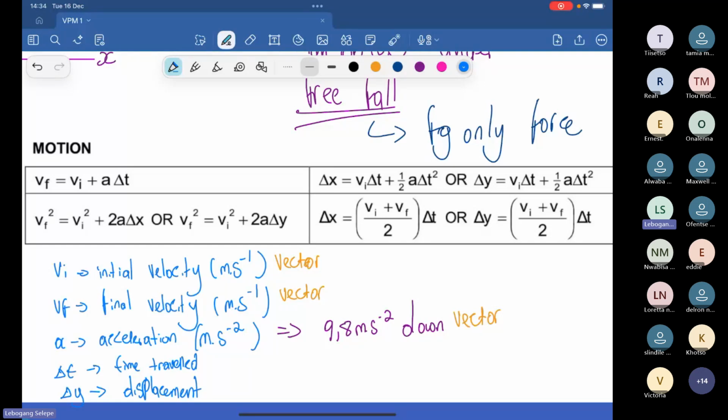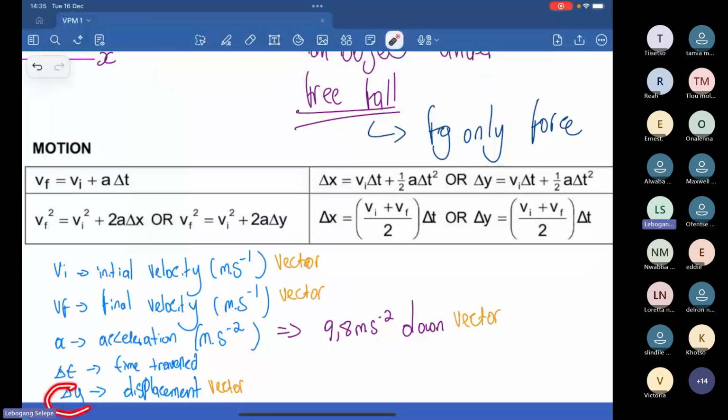So if you think that this is distance, please wipe that thinking, and just know that this is displacement and it's a vector. If it's a vector, we also need to consider its direction, meaning that we can substitute it as negative into a formula, whereas distance is a scalar, it's always positive. Change in y can be negative.